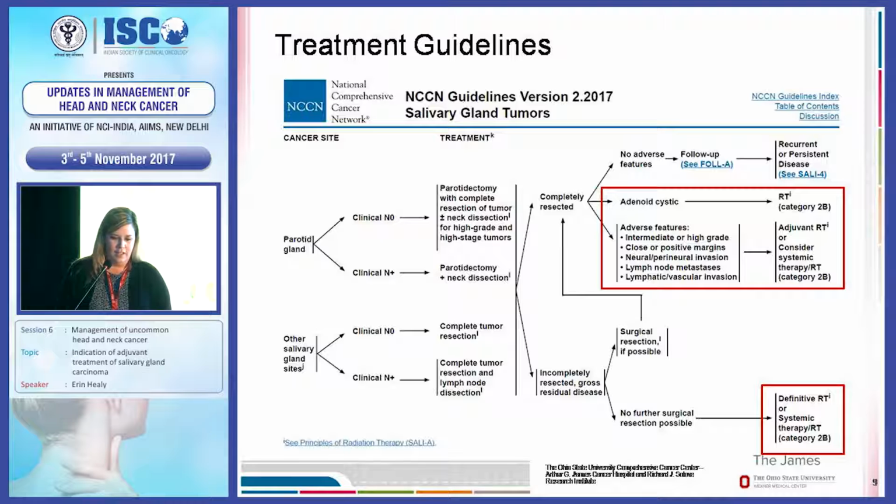But after surgery, if there are certain features, as you can see here, I'll go into these in more detail later, but basically, adenoid cystic and some adverse features will predict for adjuvant radiation and consideration of systemic therapy. And as you can see down in the bottom corner here, if no further surgical resection is possible, then they consider definitive radiation or systemic therapy with radiation.